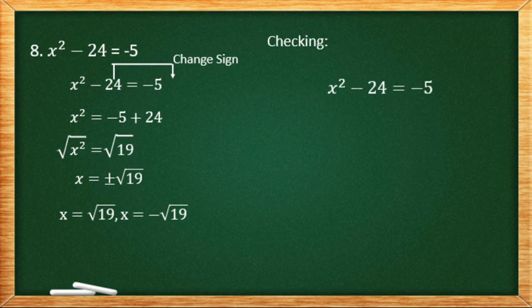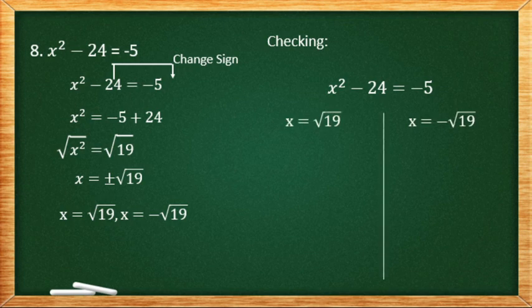X squared minus 24 is equal to negative 5. Okay. Substitute the value of x. So x squared minus 24 is equal to negative 5. So the value of x is square root of 19. Tatanggalin lang natin yung radical sign na square root and squared.